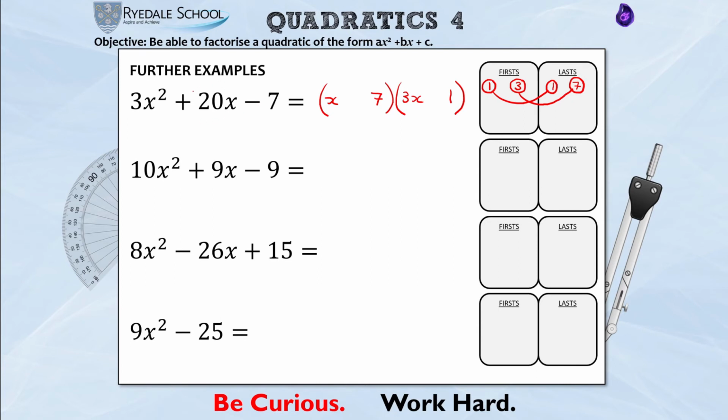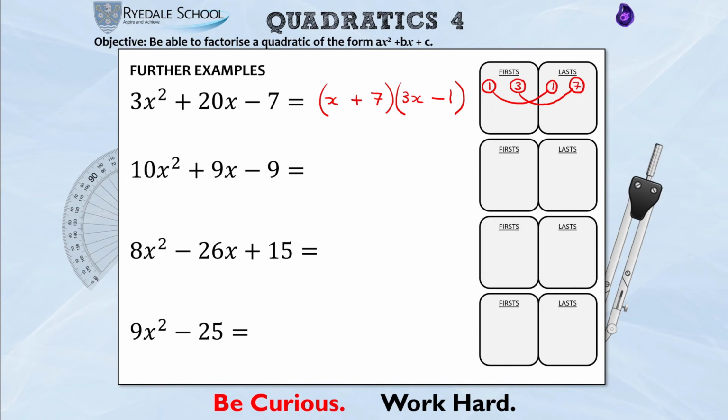I'm trying to make positive 20x. So that is going to be positive 21 take away 1. So where's the positive 21 going to come from? It's going to come from 3x times positive 7 and x then times negative 1. So we end up with 21x minus 1x is the 20x.